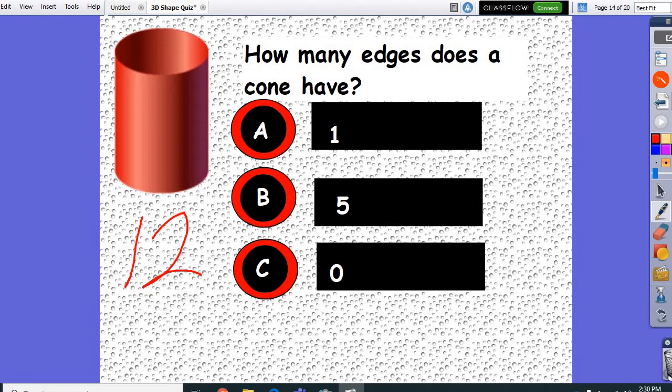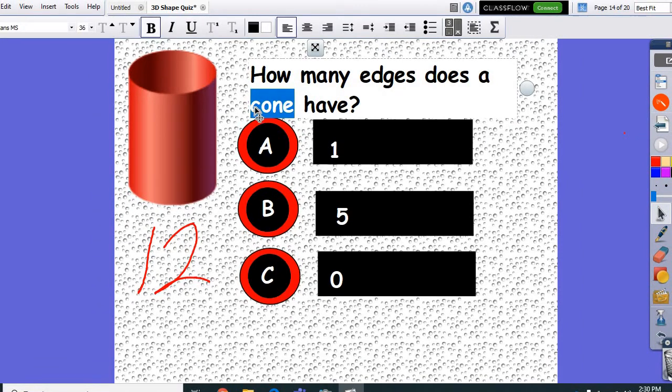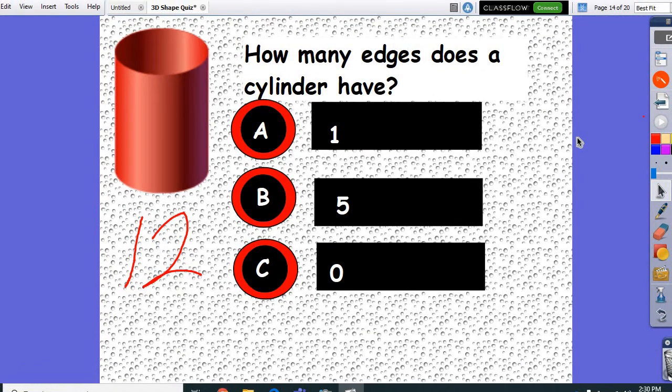Alright, number 12. How many edges does a cone have? Whoops, that's not a cone. Whoops, I'm going to fix that because that's not a cone. Cylinder have. There we go. How many edges does the cylinder have?